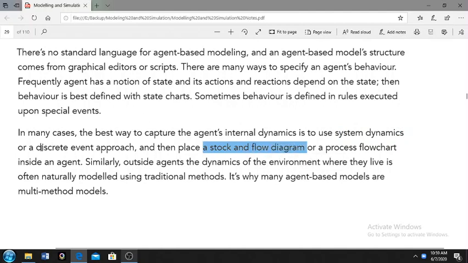With discrete event modeling, you use flowchart. But what we are saying here is that AB is a multi-method, so you can also make advantage of them to try to depict the behavior of a specific agent if it is required to do so.